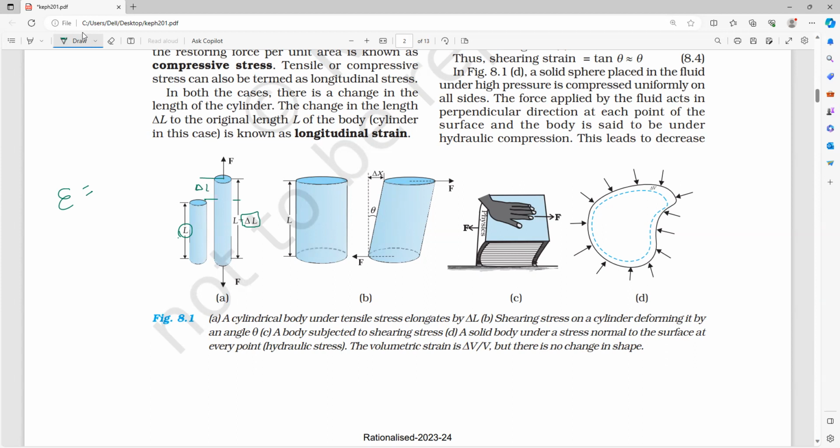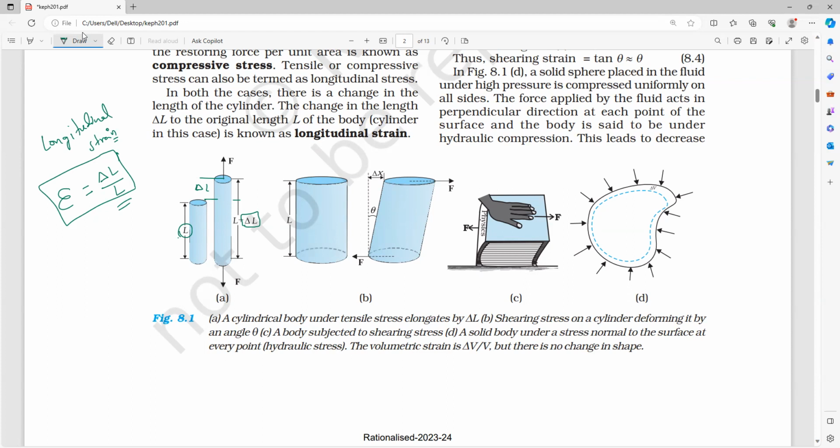Delta L. So the change in dimension is delta L with respect to the original length L. What strain do we call this? Longitudinal strain. Is it okay, everybody? Understand, Rudreswa? Clear? Pradosh? Yes, sir. Longitudinal strain means delta L divided by L. Original length is L, change in length is delta L. Whether it is compression or expansion, it doesn't matter.